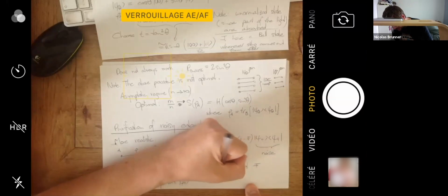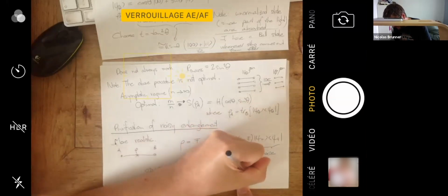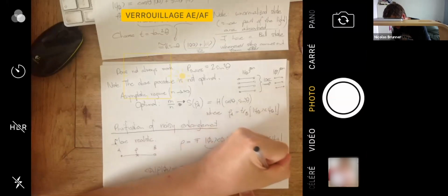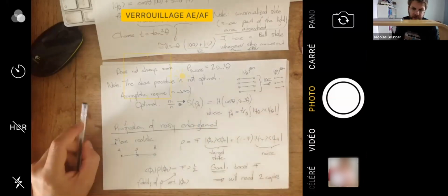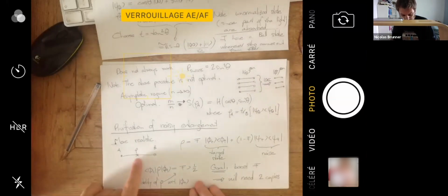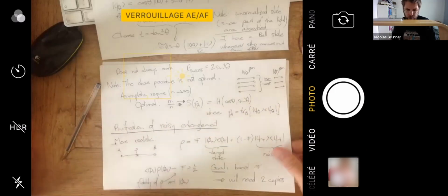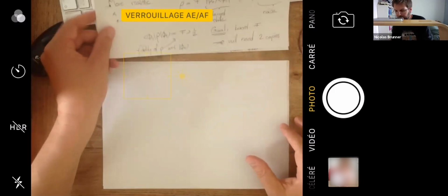And to do that, I will actually need 2 copies. Before, when I had a source producing a pure state, it was enough to take 1 copy and put a polarizer. Now, when I have mixed state entanglement, I generally need more than 1 copy. I'll need to process at least 2 copies, but it turns out 2 copies can already improve.